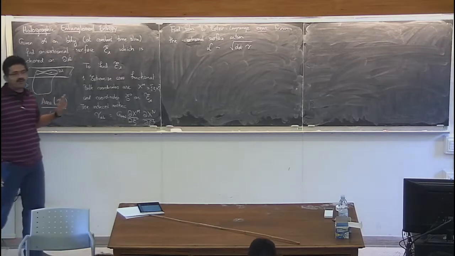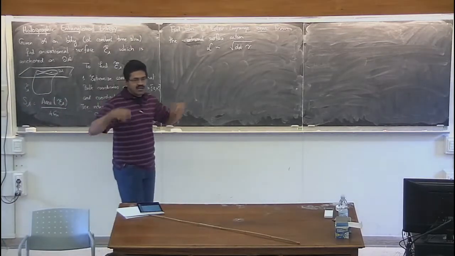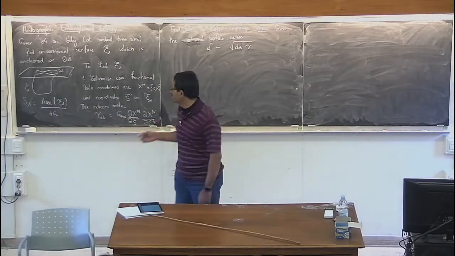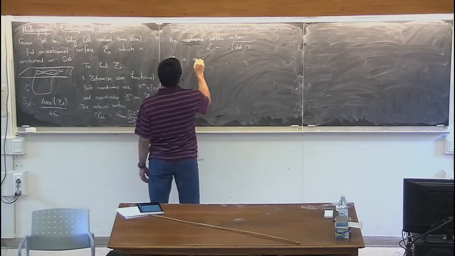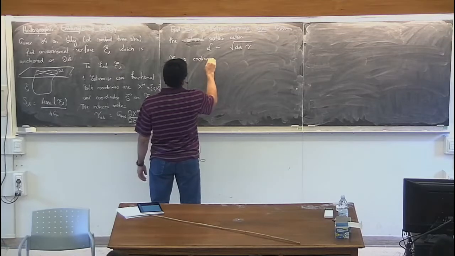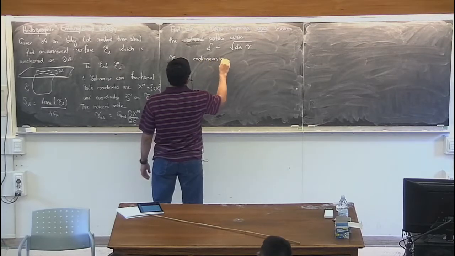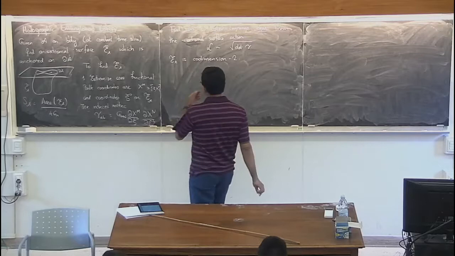The difference from the Nambu-Goto problem is that this is a higher dimensional surface, it's not two-dimensional. Just remember that E_A is codimension 2 in spacetime.